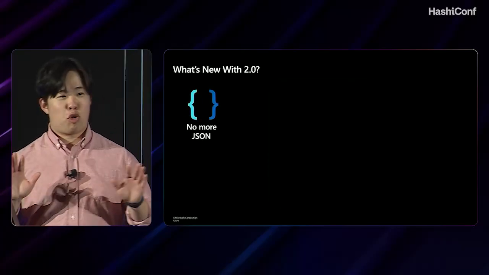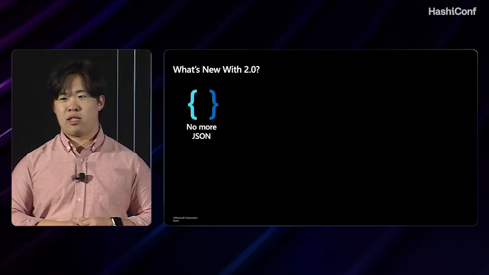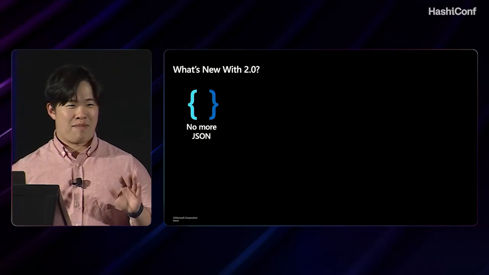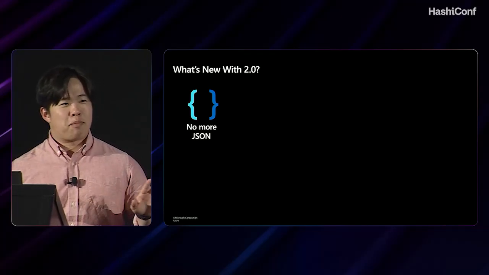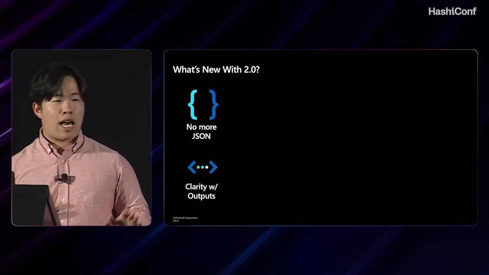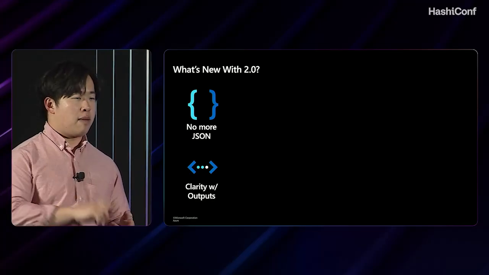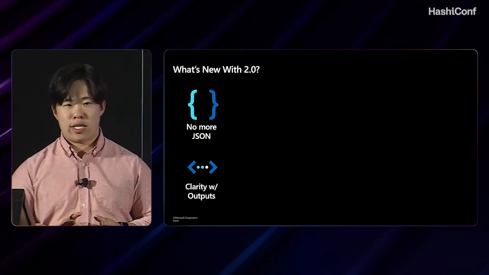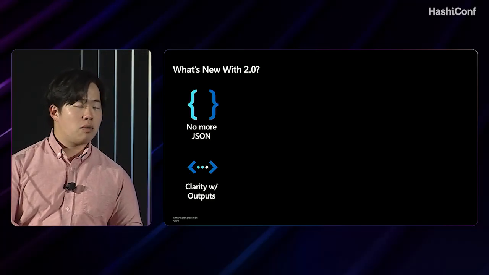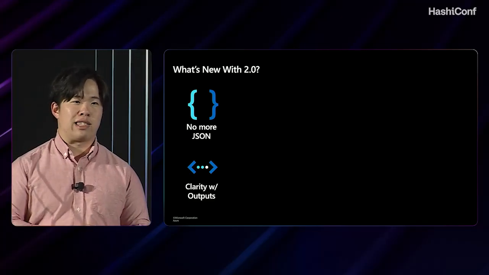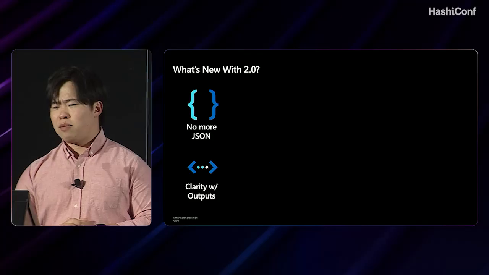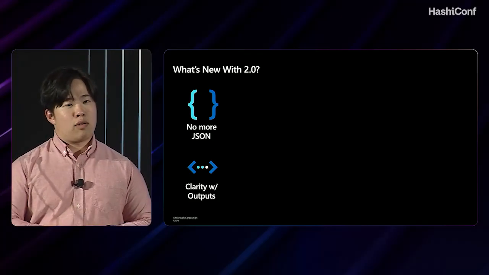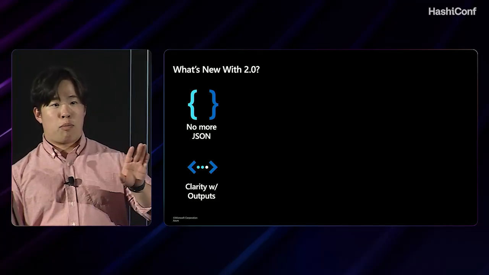First of all, no more JSON. ARM templates is so 2015 or whatever it was. We have JSON be gone. So beginning to end, there's no more JSON inputs, outputs, properties, any of that stuff. It's HCL from the beginning, it's HCL to the end, which means you also get all the HCL benefits that you're looking for. You get some more clarity with outputs now. So there are different ways to configure an export of your values.